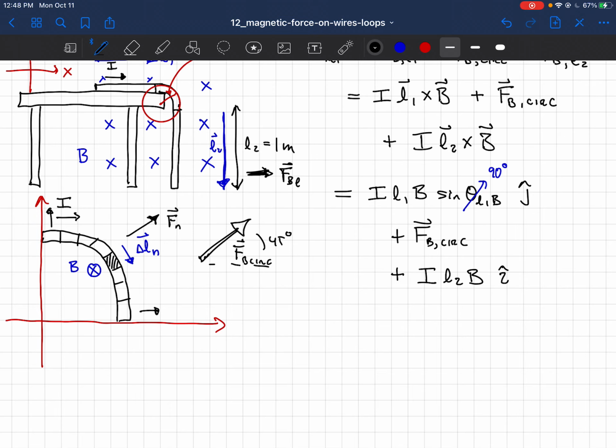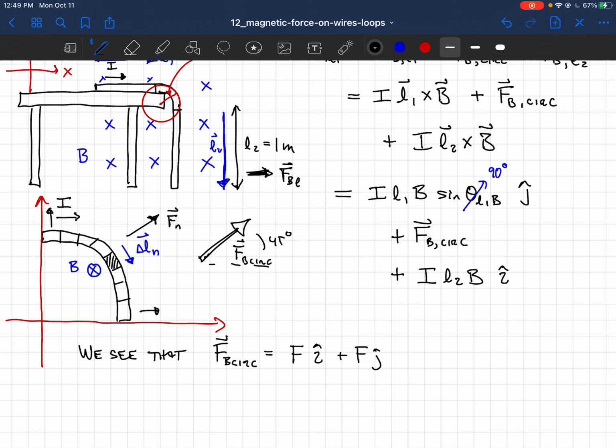So let's do that. Let's write it first. How can I write this carefully? F B circ is equal to, I don't know what I should call it, let's just call it F times i hat plus F times j hat.